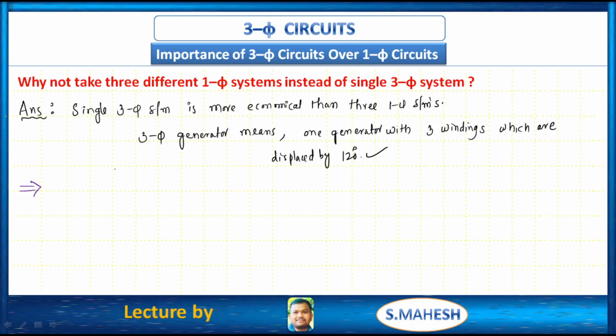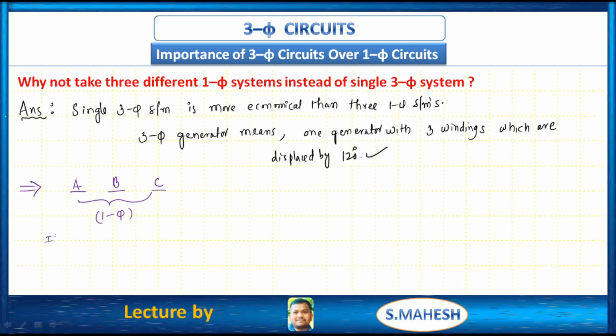So obviously we are going to get 3-phase power. But if we consider 3 single phase generators, it is difficult to get the same frequency at a time. For example, generator A, generator B, generator C, each a single phase generator. It is difficult to get synchronism at a time.